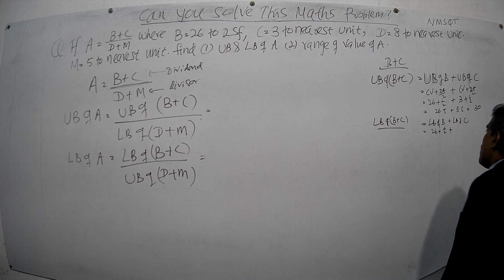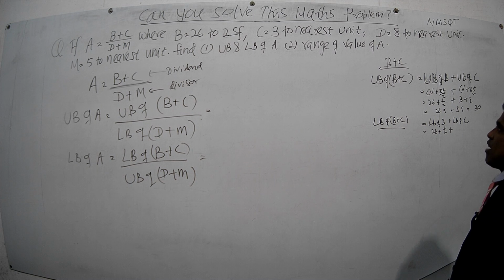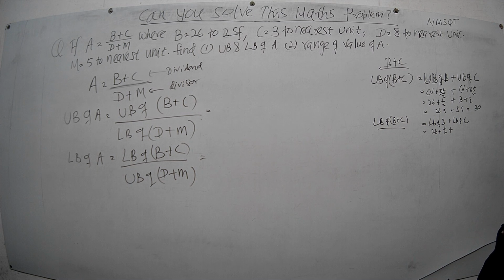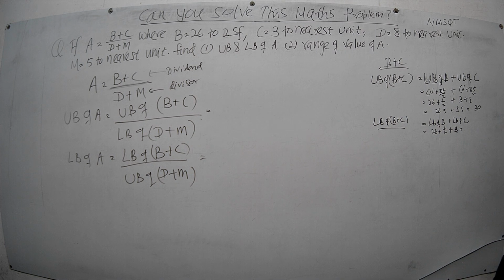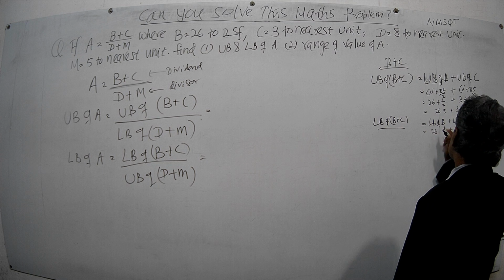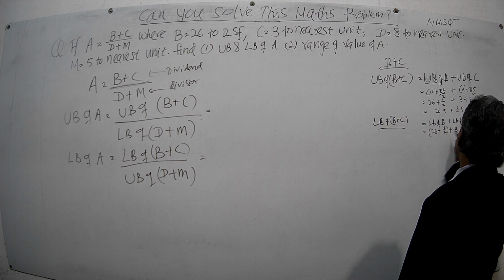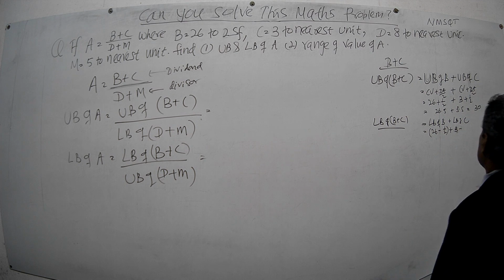Then lower bound of C is also the corrected value minus degree of accuracy over 2. What is the corrected value of C? 3. Then plus 1, sorry, not 3 plus, 3 minus, because lower bound means corrected value minus degree of accuracy over 2.